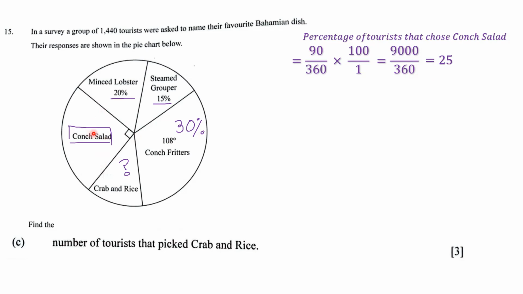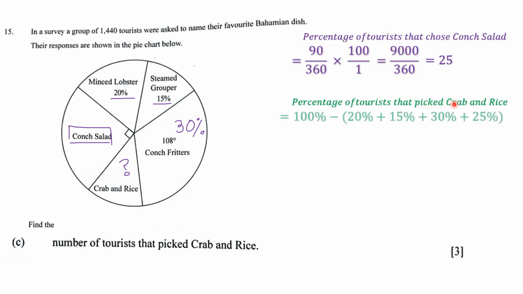So we have everything as a percentage: conch salad, minced lobster, steamed grouper, and conch fritters. Now we need to figure out the percentage of crab and rice. We say 100% minus 20% from the minced lobster, 15% from the steamed grouper, 30% from the conch fritters, and 25% from the conch salad. That's 100% minus 90%.